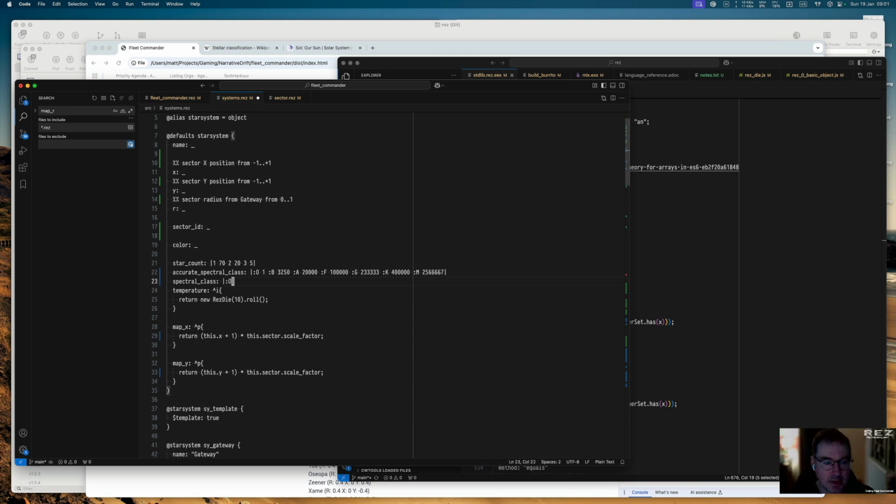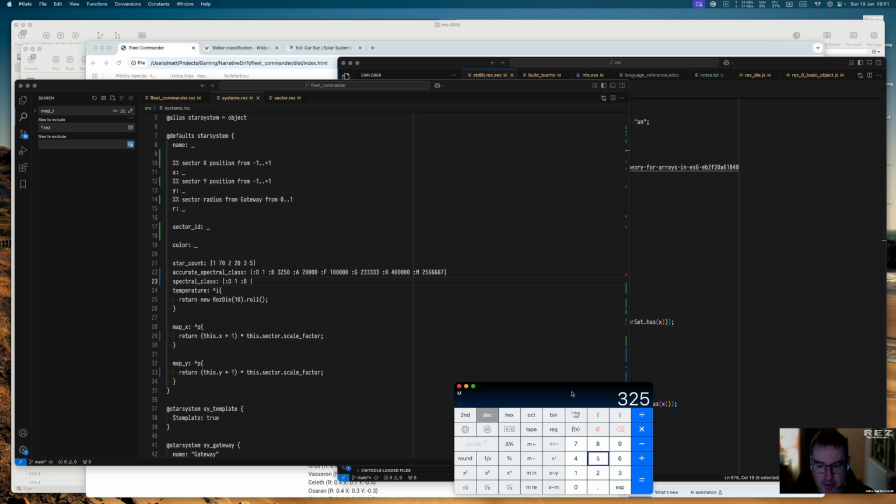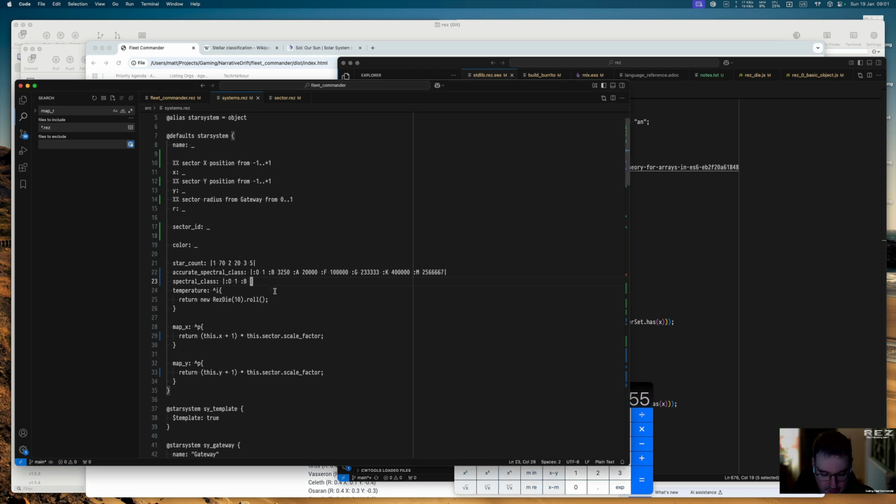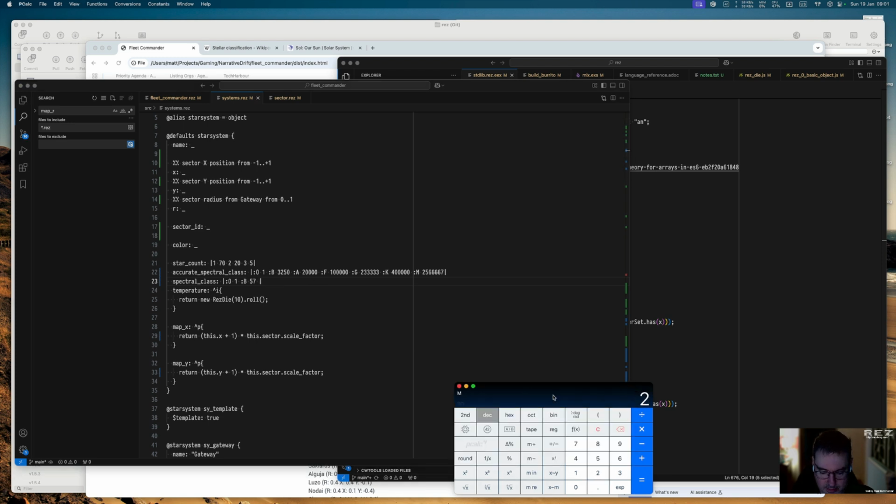So if we say O is 1, B stars are much more common, but let's take the square root of these numbers as a starting point. So what's the square root of 3,250? It's 57. So let's make B 57. And the square root of 20,000 is what?